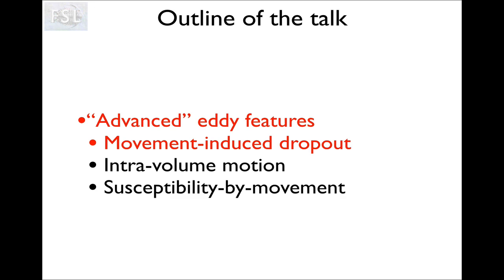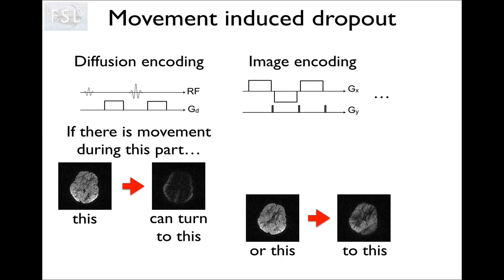So what is this? So what can happen? We have the image encoding phase of our sequence, and we have the diffusion encoding phase or part of our sequence. Now, if there's any movement occurring during this part, that can lead to an almost complete signal loss in that particular image.